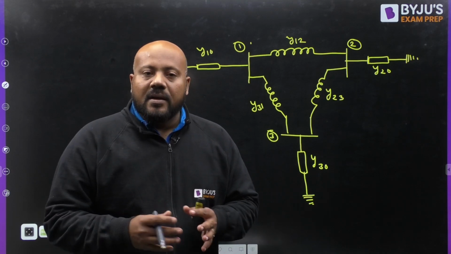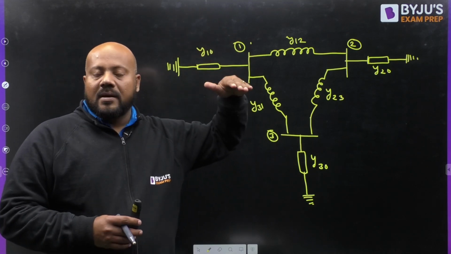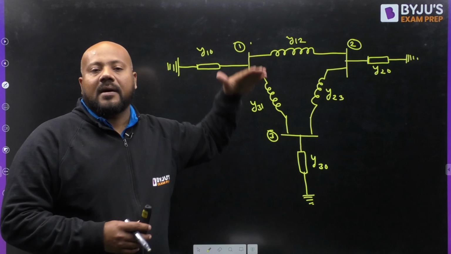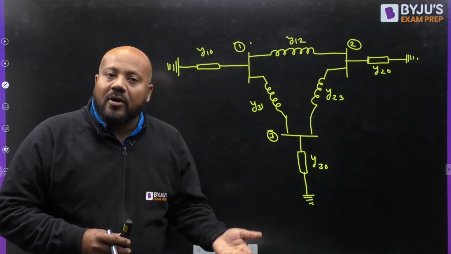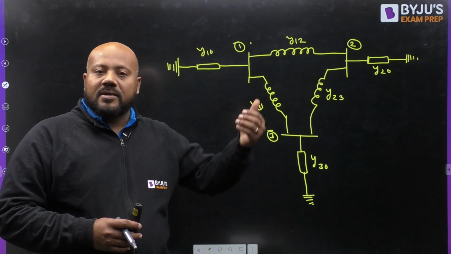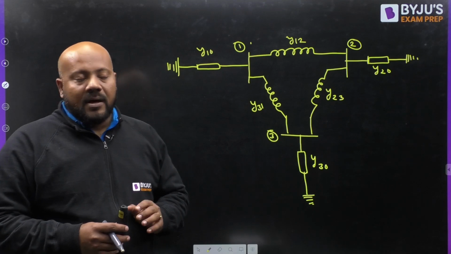Now, because of the capacitance between the line and the earth, you want to represent this phenomenon. That phenomenon is represented by using shunt capacitances, and these are called line charging capacitances.